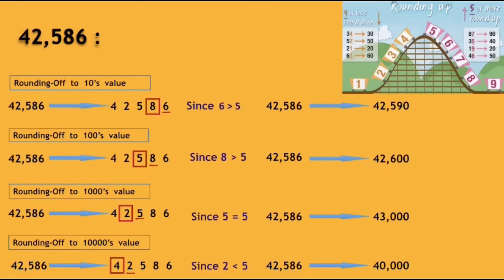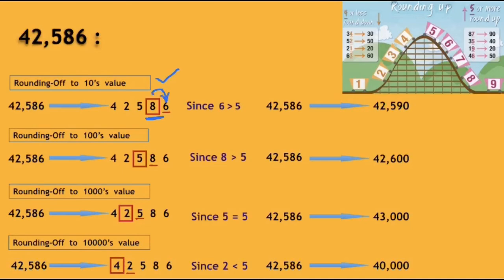Here in this example we have taken a large number, that means 42,586. This number we are rounding off into tens value, hundreds value, thousands value and 10,000s value. In the first condition we are rounding off into tens value. For rounding off a large number, we have to take the third rule. According to that rule, identify the place which we have to round off.